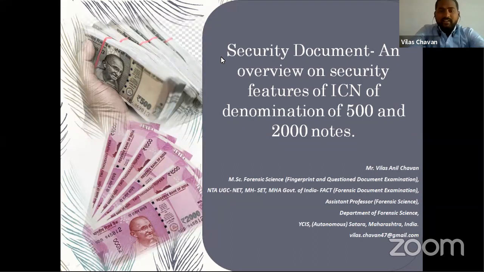In this session, we will be discussing an overview on security features of Indian currency note of denomination of 500 and 2000 note. I would like to start with a declaration that I am not an expert giving opinion on cases of counterfeit currency notes in the court of law. I have studied this during my master's, as I hold a postgraduate degree in forensic science with specialization in fingerprint and question document examination.